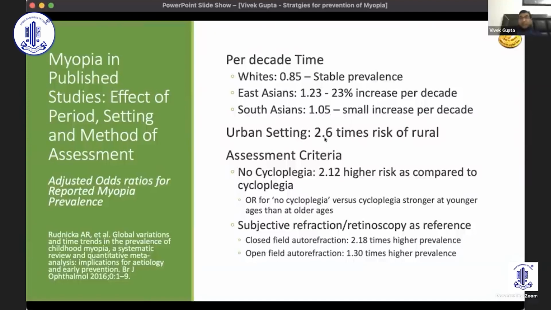Urban has 2.5 times the risk of rural, if you look at global evidence. Our recent evidence from NIM rural says that not all children are equal. There are differences at play when it comes to government schools versus private schools. Maybe it is pressures of study, maybe it is more time outdoors versus less time outdoors, more indoors versus less indoors.